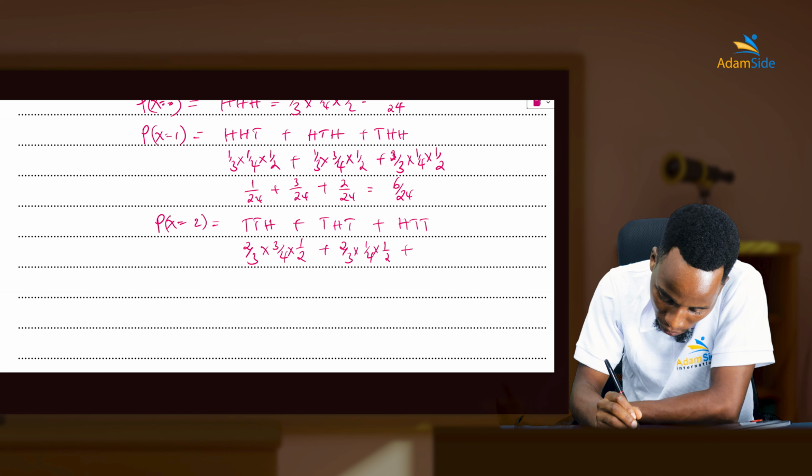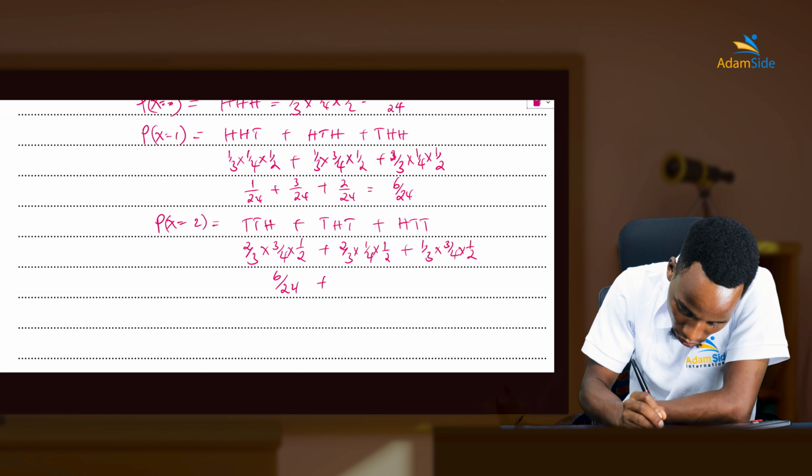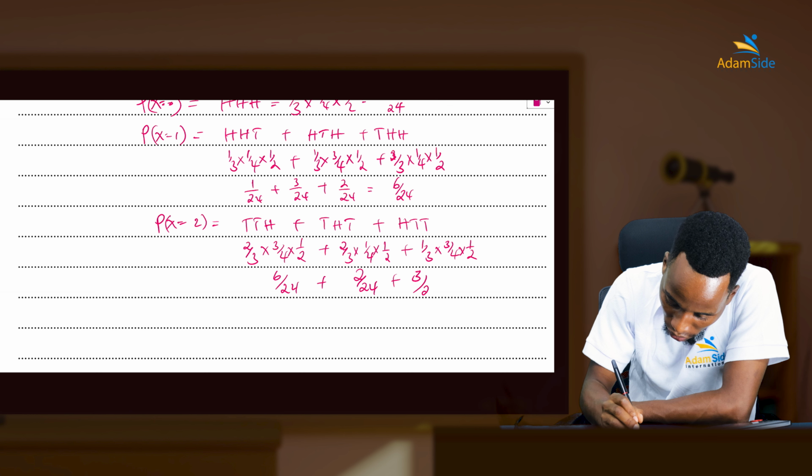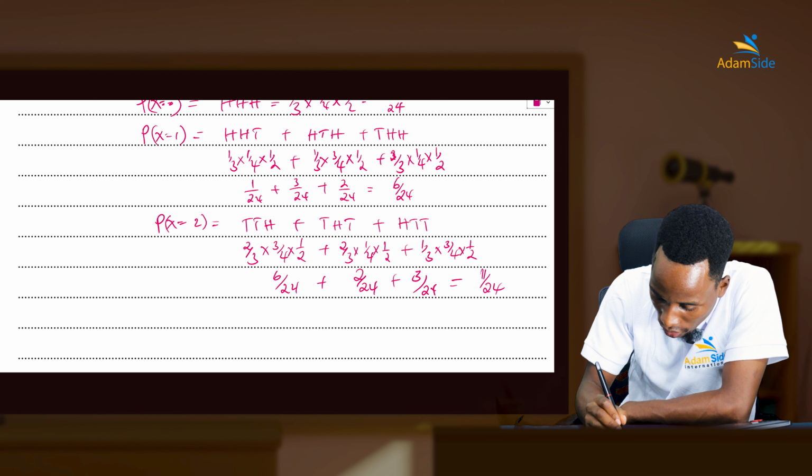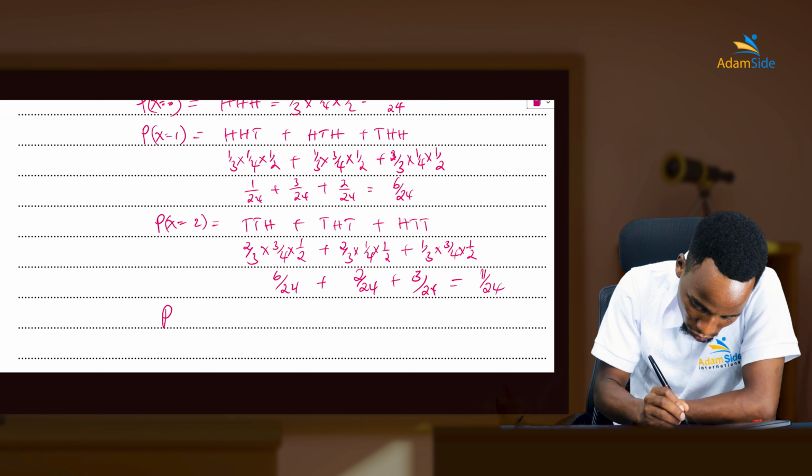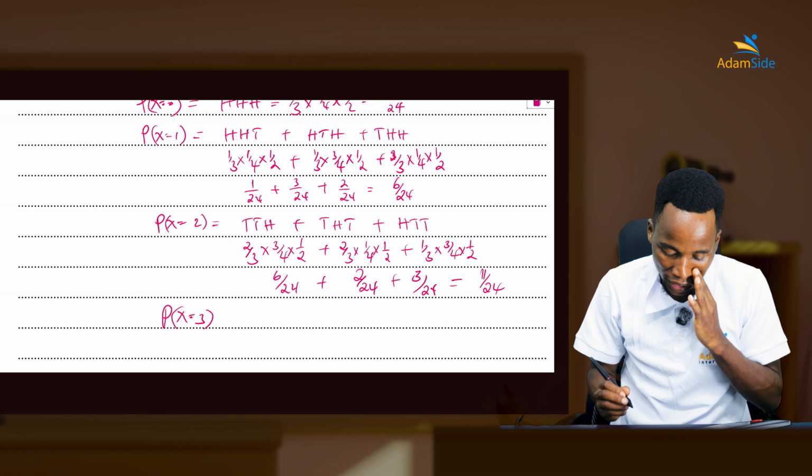Okay, this is 6 of 24 plus 2 of 24 plus 3 of 24, which adds up to 11 over 24. And the last one will be P of X equals 3, meaning there are exactly 3 tails.